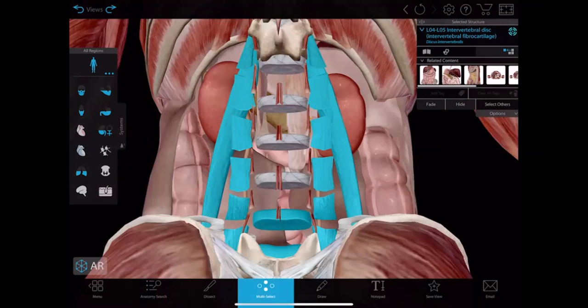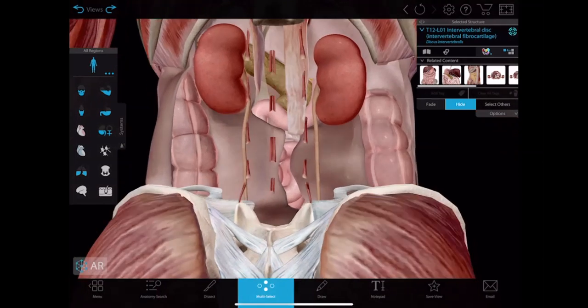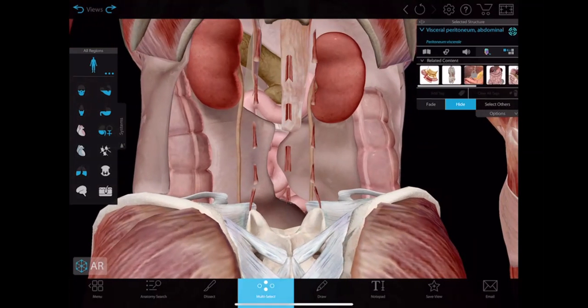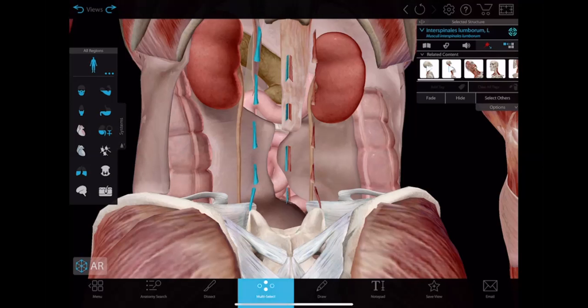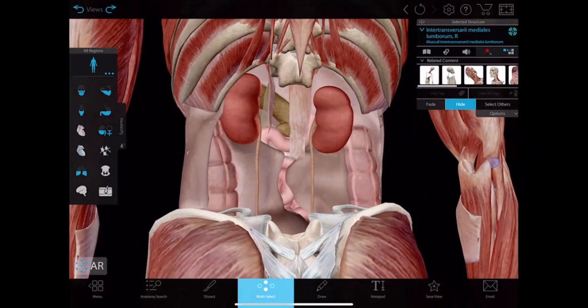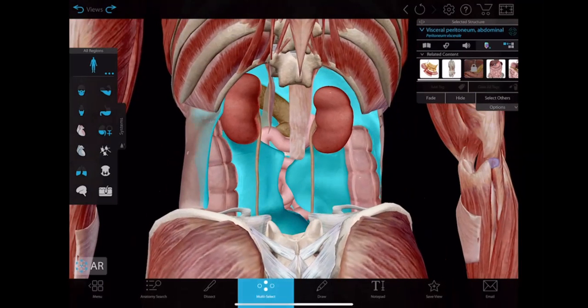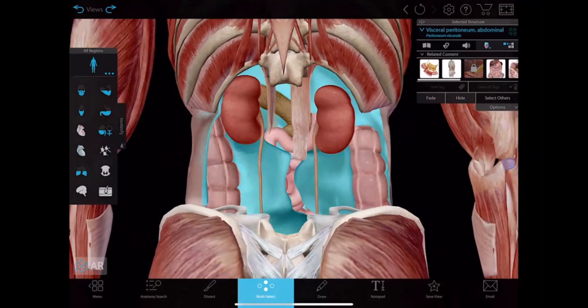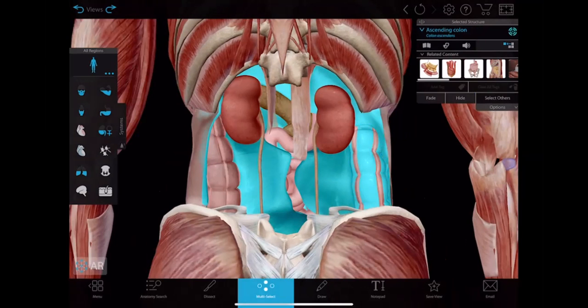I'm removing all the musculoskeletal system, right? So you see, the structures not covered by peritoneum are the kidneys, adrenal glands, and some parts of the colon.